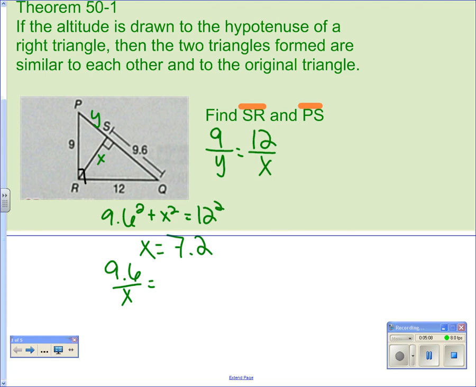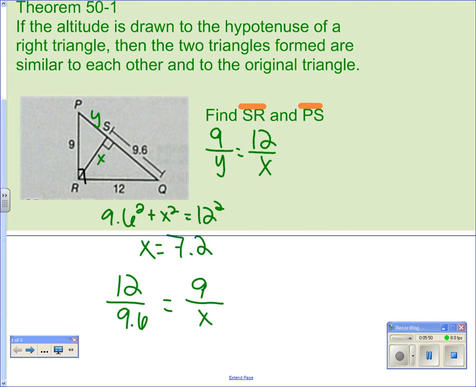Longer leg. Hypotenuse and hypotenuse, and then longer leg is that, and longer leg is that.